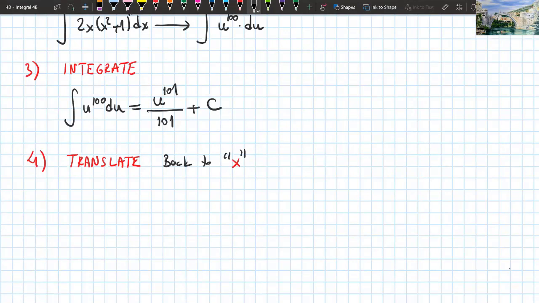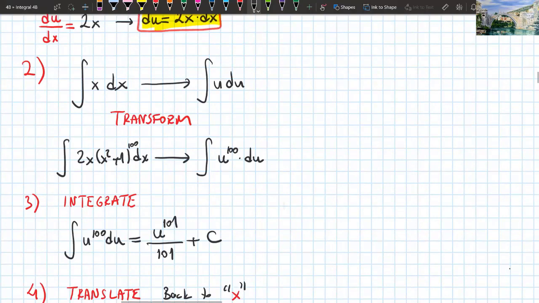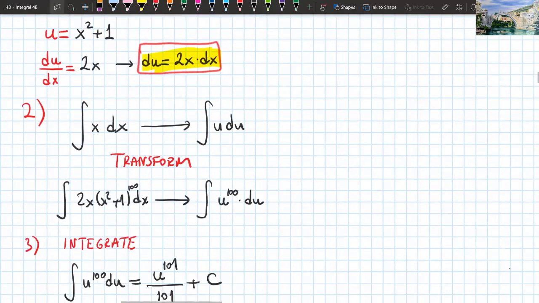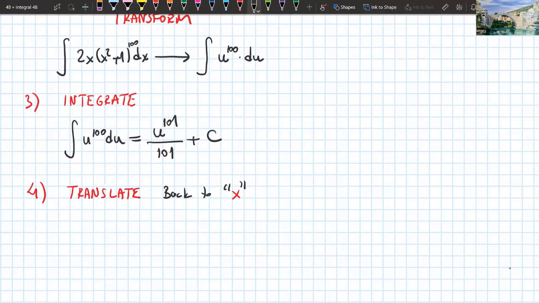What was u? u was x squared plus 1. So instead of u, I will write (x squared plus 1) to power 101 over 101 plus c. So this is the end of the operation. We got the integral of the complex function using integration by substitution.